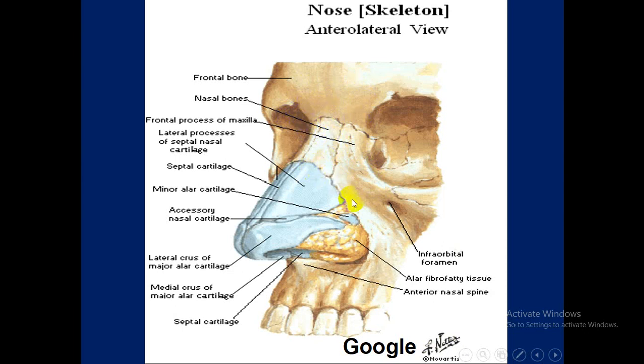The cartilaginous part is formed of 5 cartilages: 1 septal cartilage, 2 lateral, and 2 alar cartilages. This is the external nose.